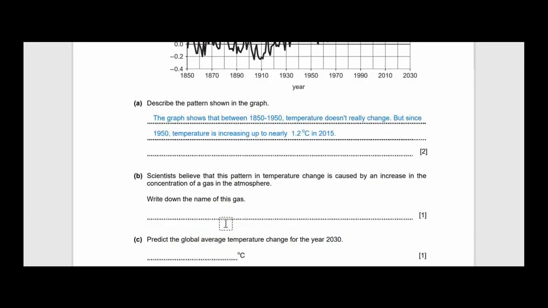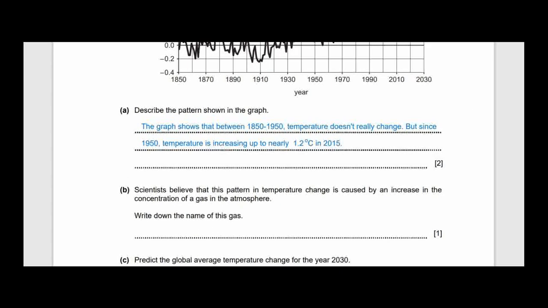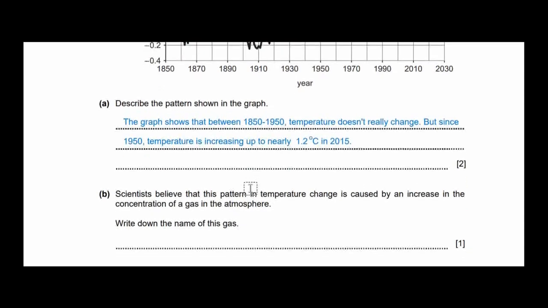Next number. Scientists believe that this pattern in temperature change is caused by an increase in the concentration of a gas in the atmosphere. Write down the name of this gas. 10 seconds.